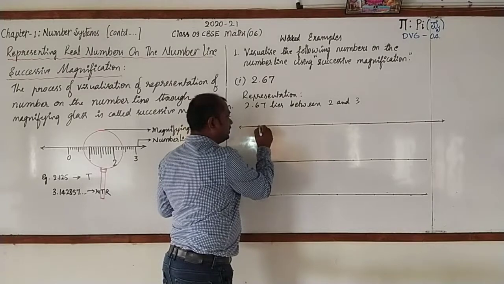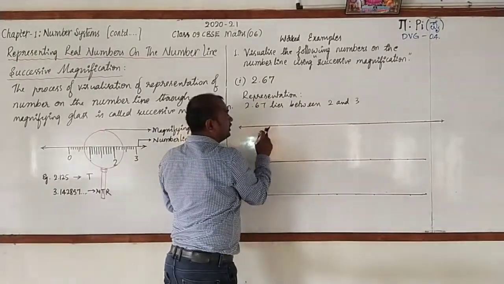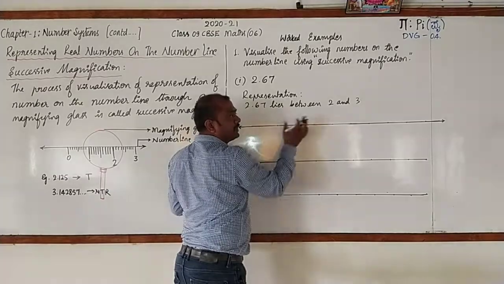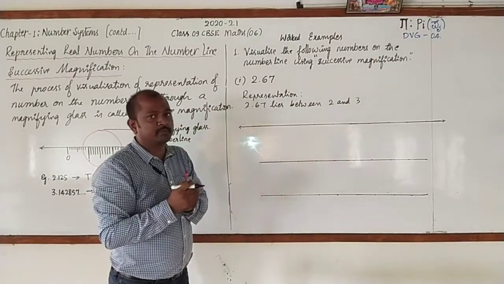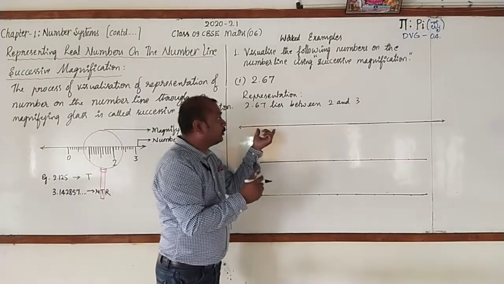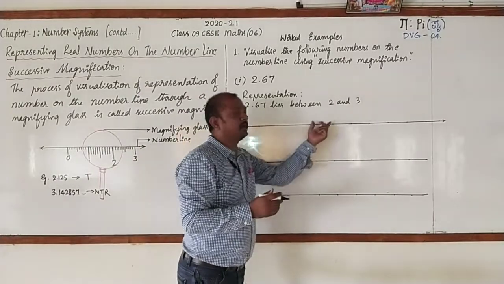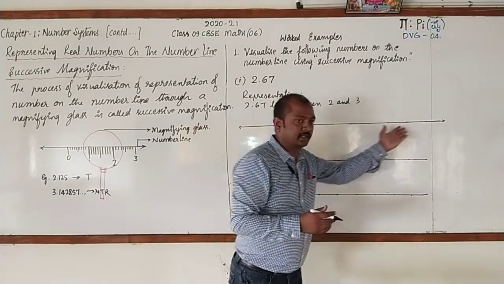Here I have marked every 1 centimeter. If there is more space in your notebook, you can take 1 unit as 1.5 centimeters. 10 parts are there.